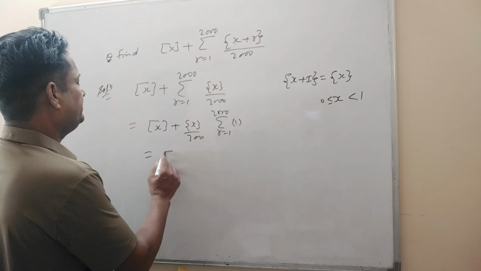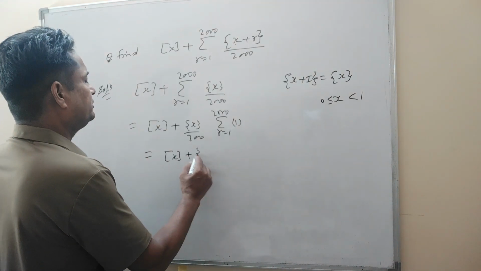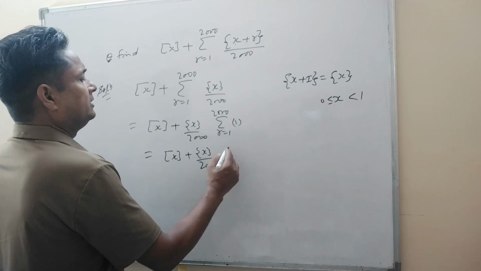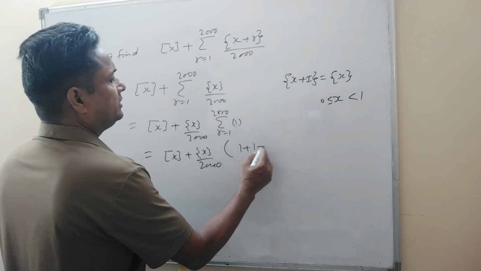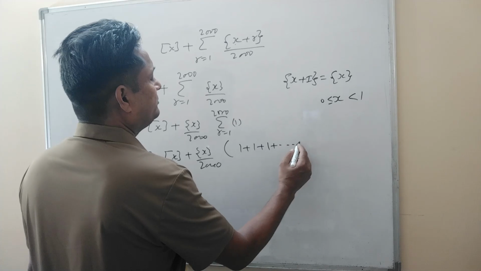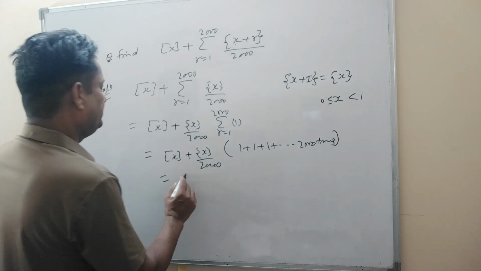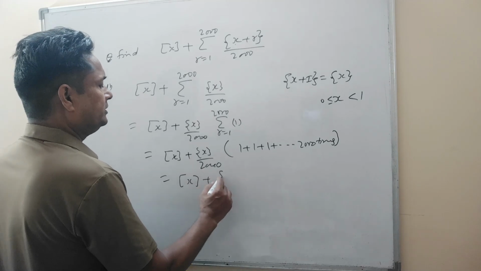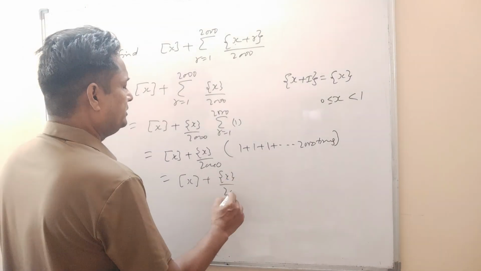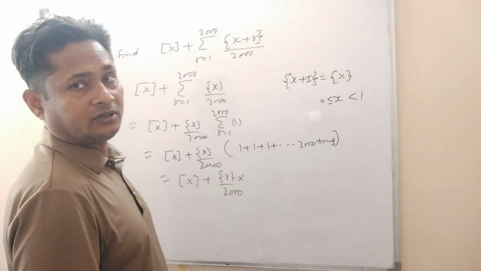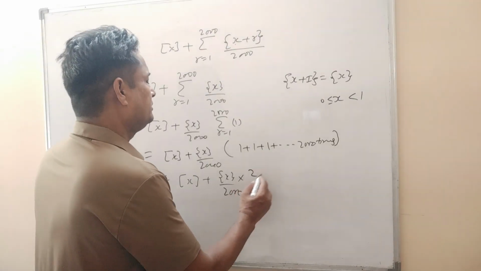So this will be 1 plus 1 plus 1, 2000 times, which is 2000.